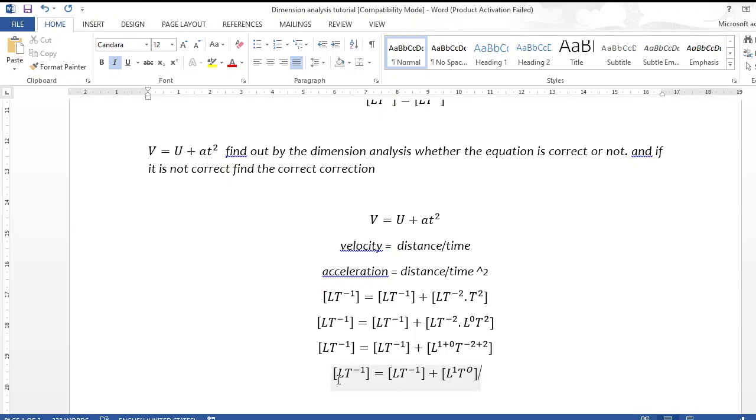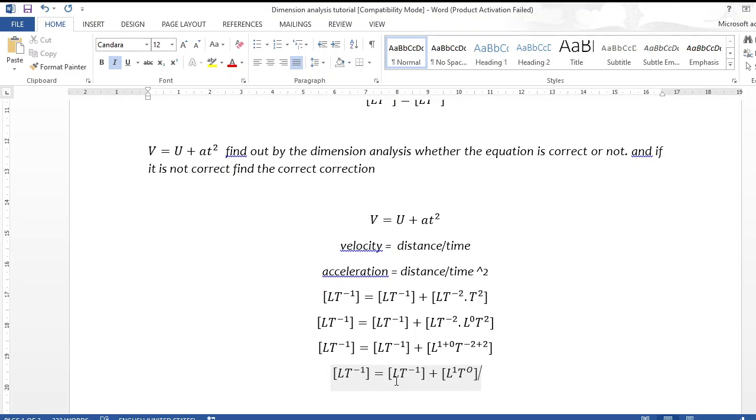So if you look, you see that we have L, and also have L. They're equal. But if you look at T, we have T to the power negative 1 on one side, but here we have T to the power 0. Once the dimensions are not tallying, then the equation becomes an incorrect equation.